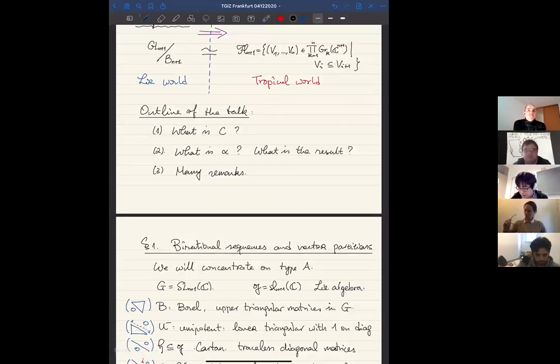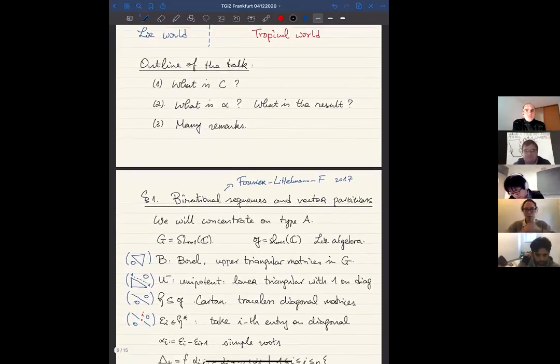This birational sequence was defined by Ghislain Fourier, Peter Littelmann, and myself in 2017, in a work to unify all the toric degenerations of flag varieties. I will first explain what this birational sequence is.